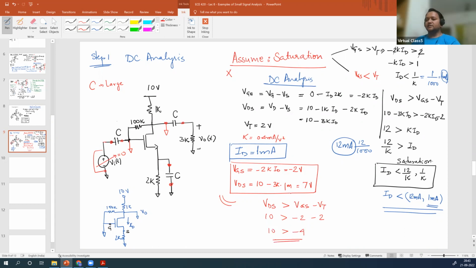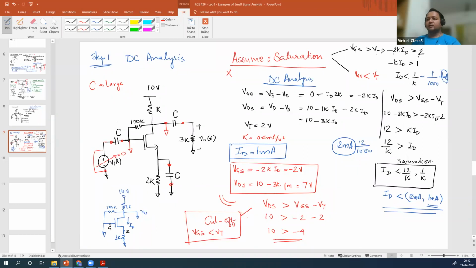So what condition is this? VGS is less than VT, means it is cut off.